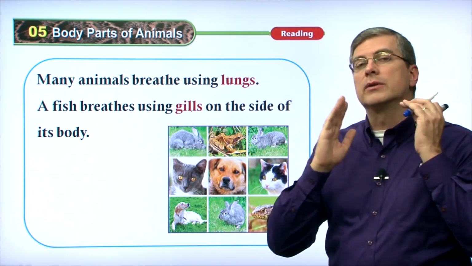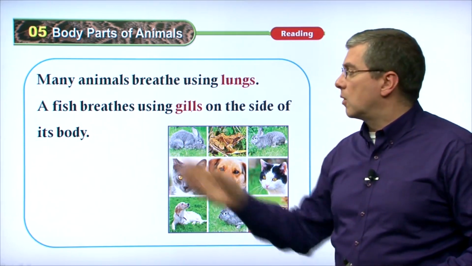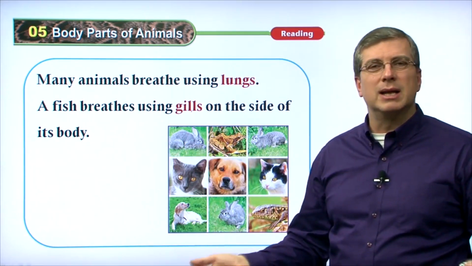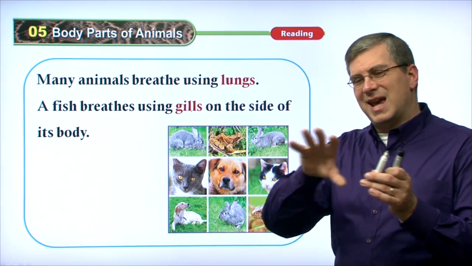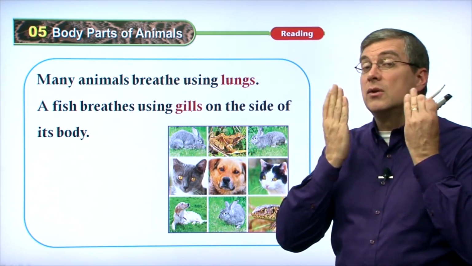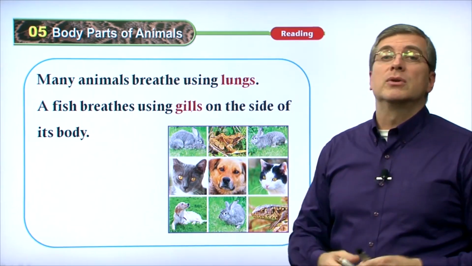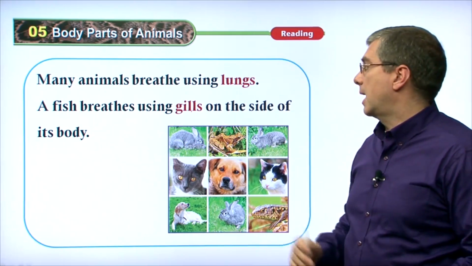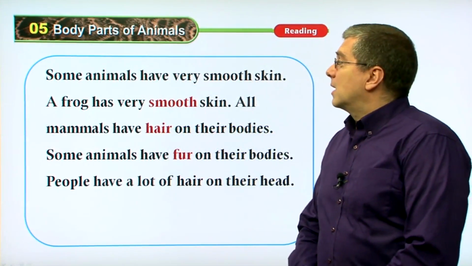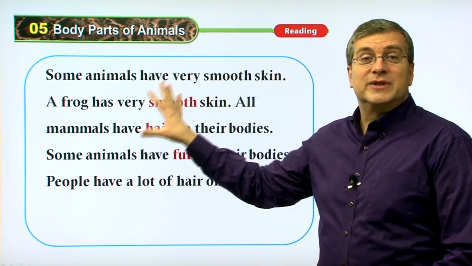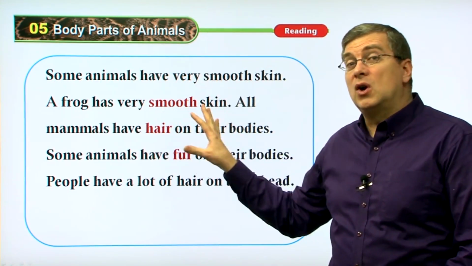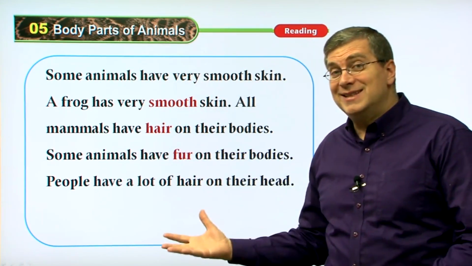Side of its head, you could also say the side of its body. Before we said head, but you could also say body because a fish, its head is kind of connected to the body. So a fish has gills. Mammals have lungs, okay?